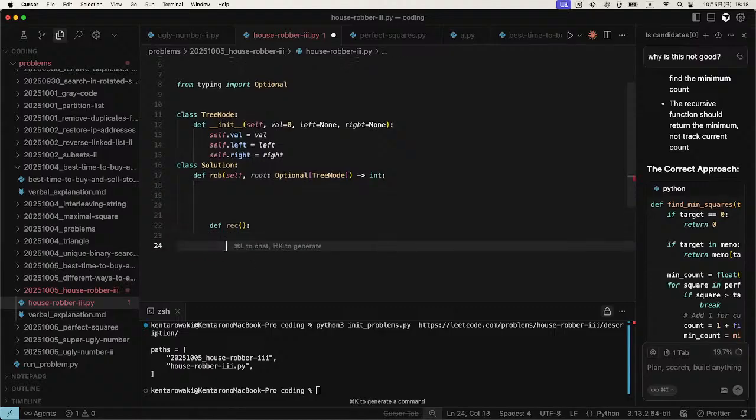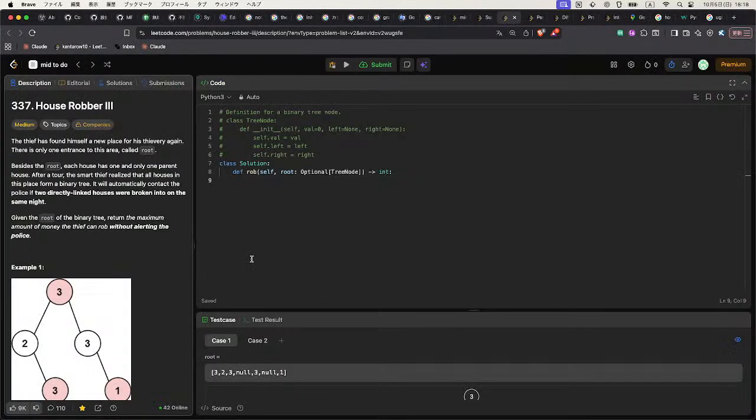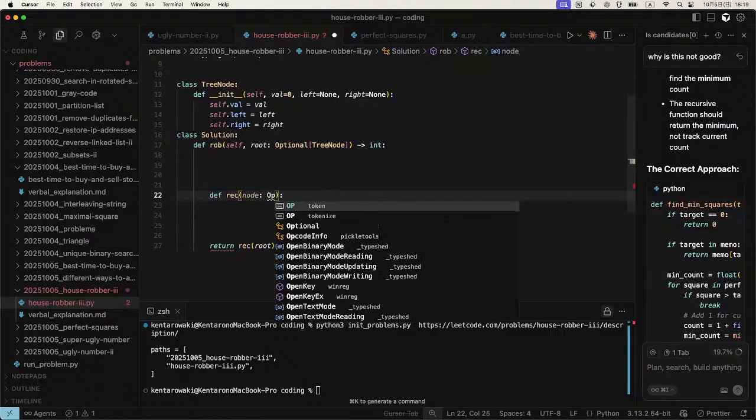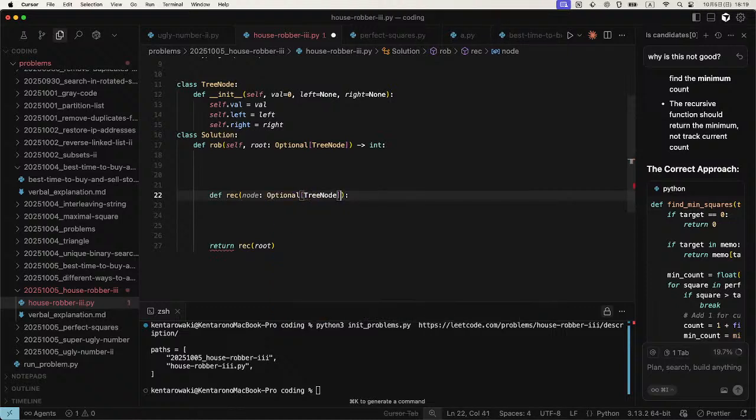The recursive function should return the maximum amount of money the thief can rob. It takes a node, an optional tree node.